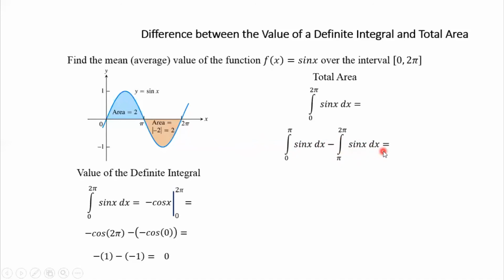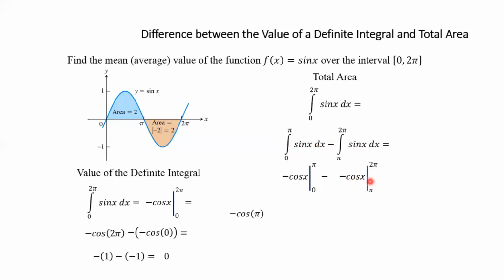Okay, so here, simplifying the expression, the antiderivative, again, is negative cosine. So negative cosine x evaluated from 0 to pi minus negative cosine x evaluated from pi to 2 pi.